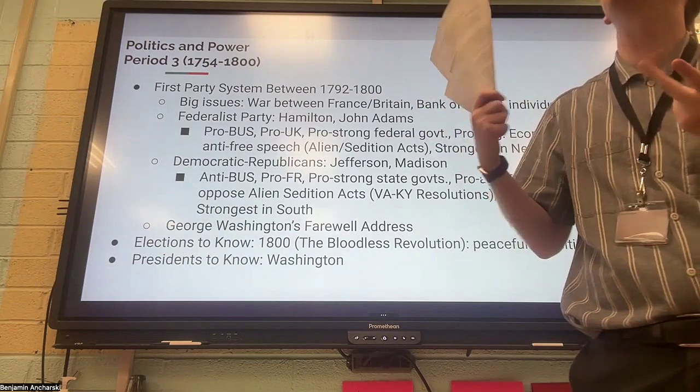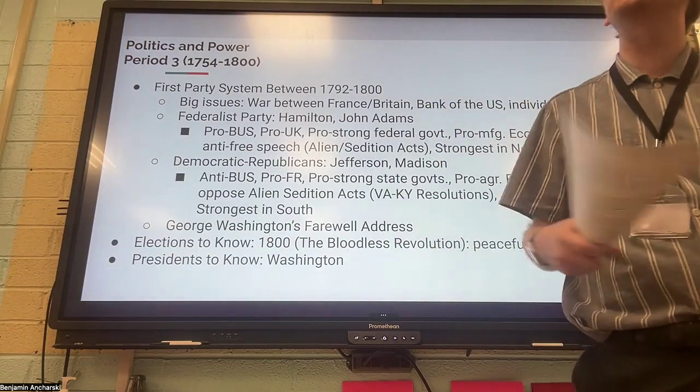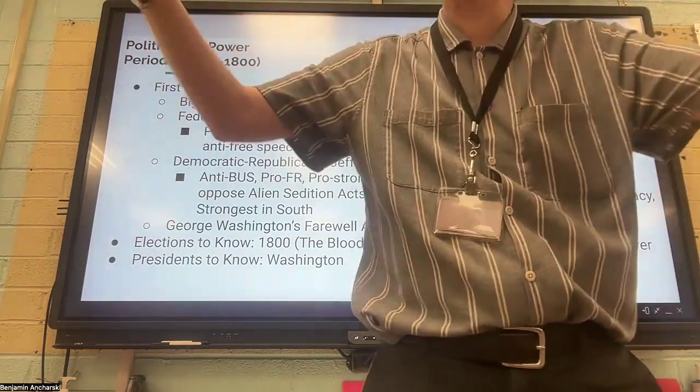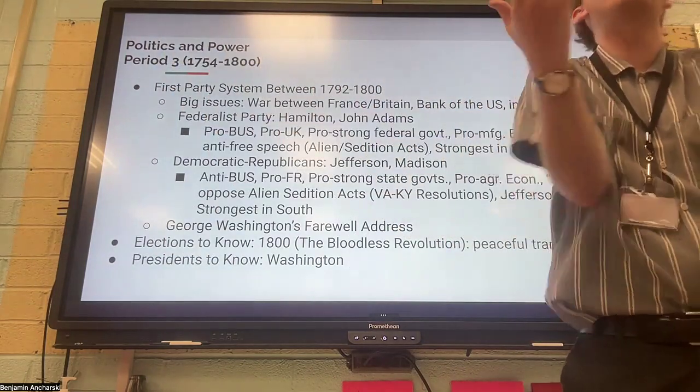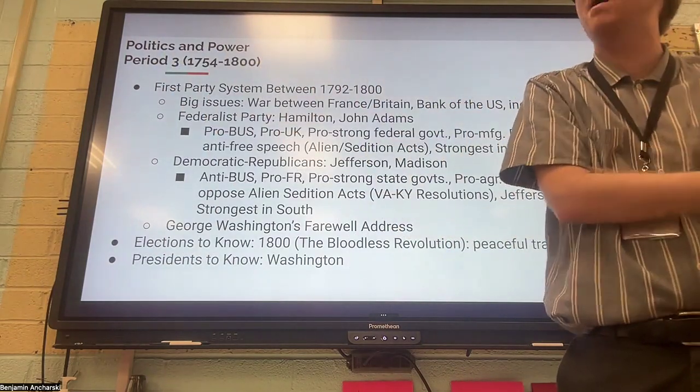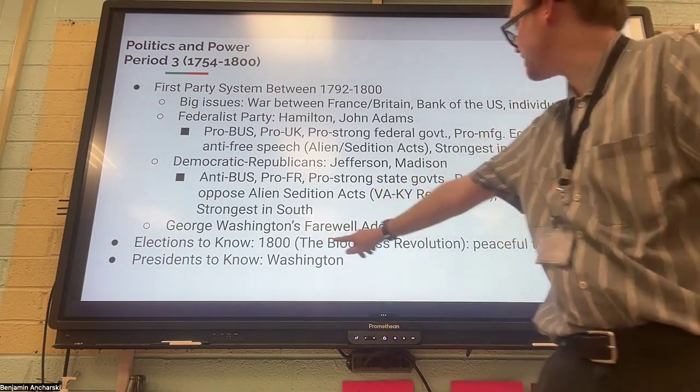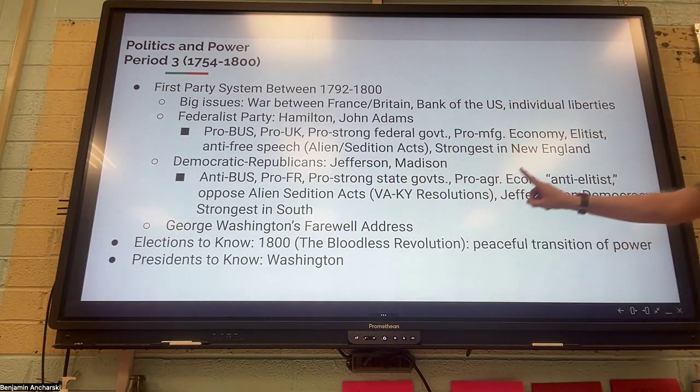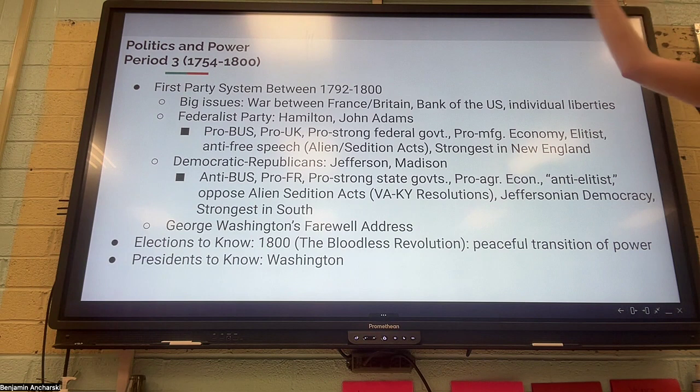Thomas Jefferson and John Adams. That was the election where there was an even tie in the Electoral College, and it was determined by the House of Representatives. It's important because it is the first peaceful transfer of power from one party to another political party. That's the election with all the funny insults you might remember from Unit 2.